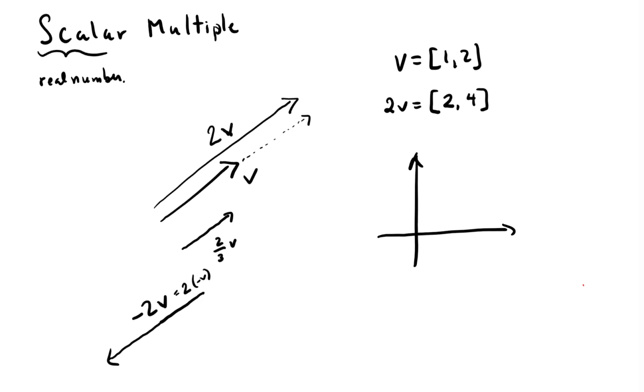If this is v here, and I want to make it twice as long, it's going to be this vector here, and its coordinates are going to be 2, 4. It's twice as long along the x-axis, twice as long along the y-axis. All right, so super simple.